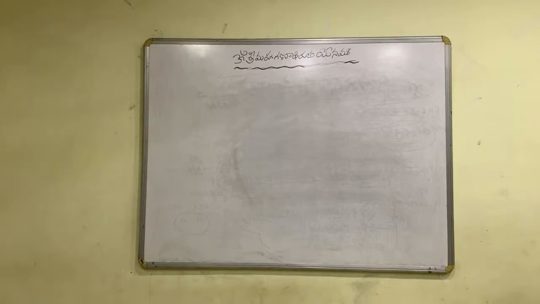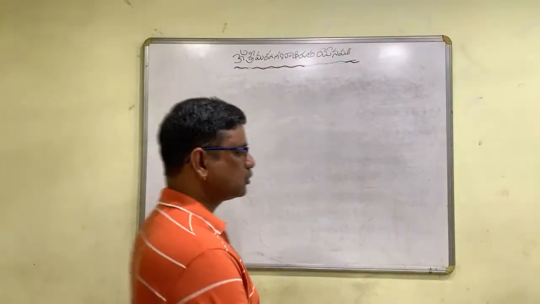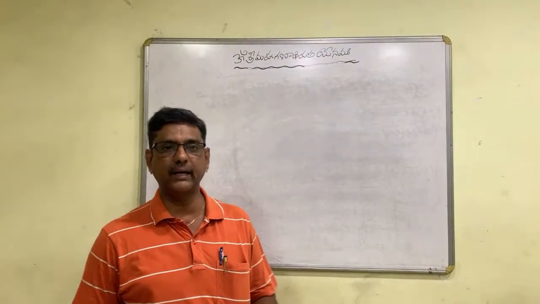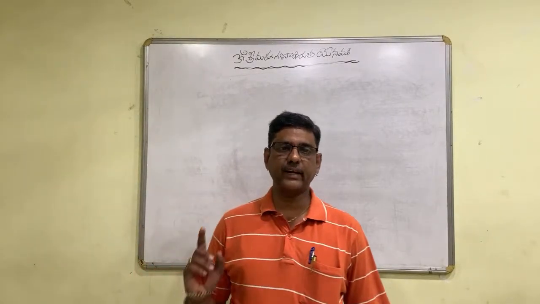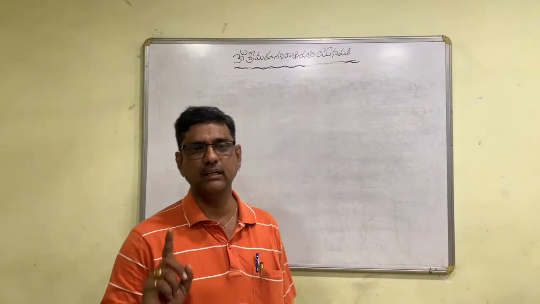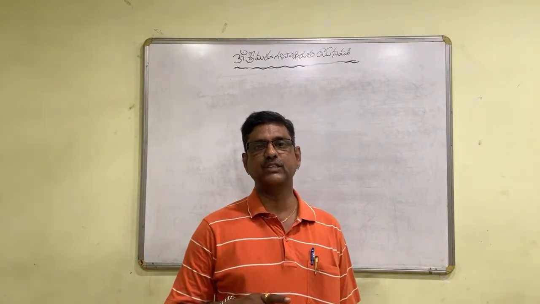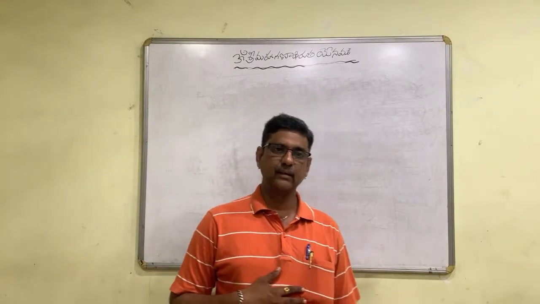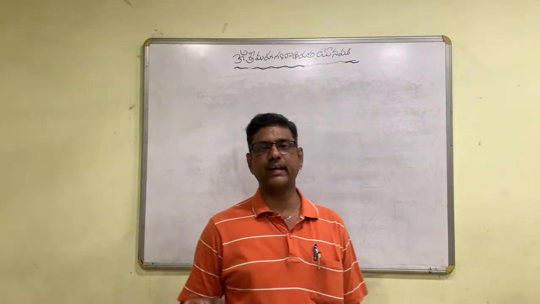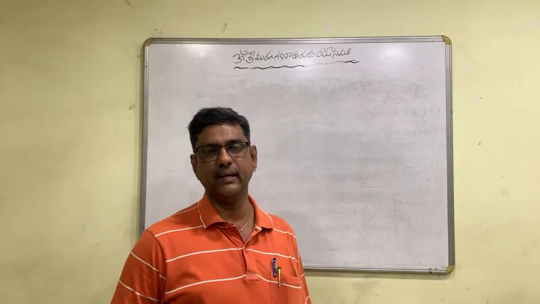Good. Before going to the topic, I just want to recall the identities. The first one is sin square A plus cos square A is 1. Then sin square A is 1 minus cos square A, and cos square A is 1 minus sin square A. The second identity is secant square A minus tan square A equals 1.